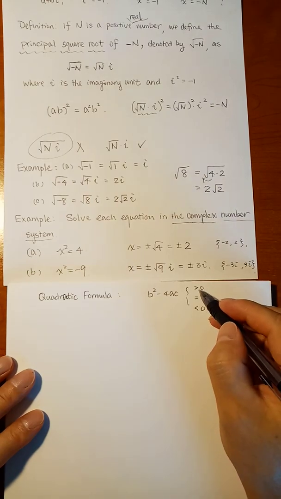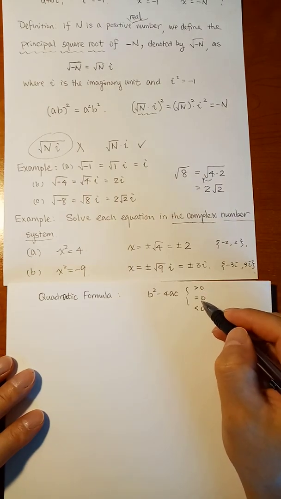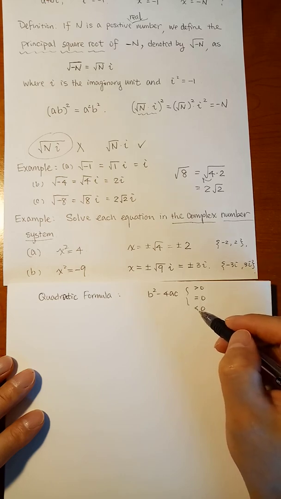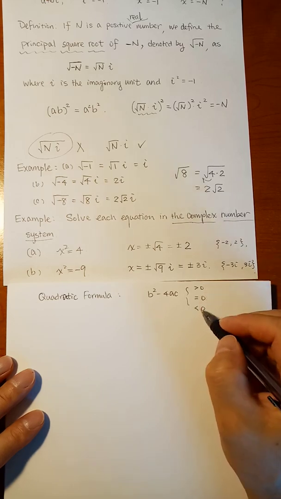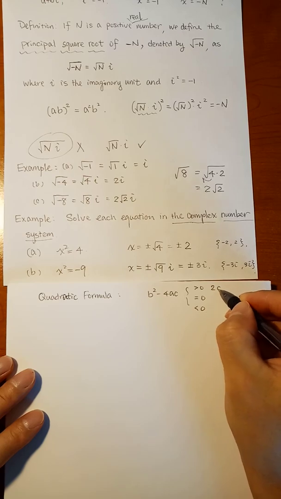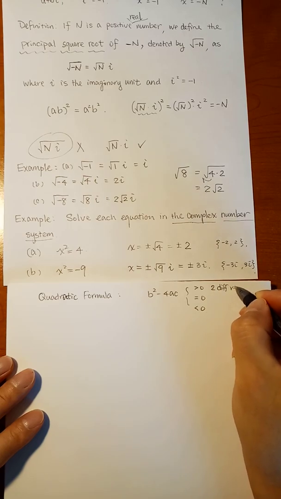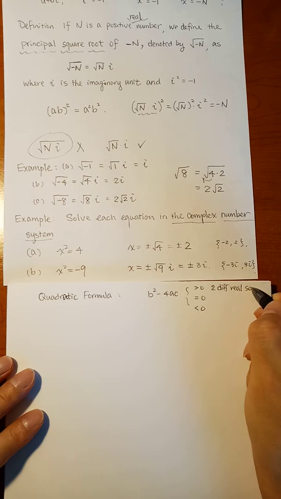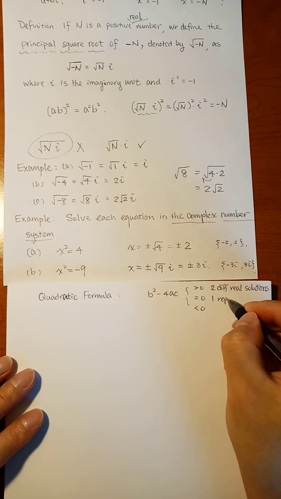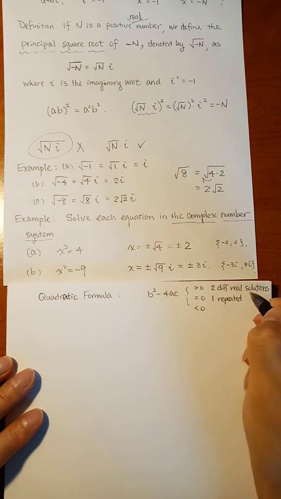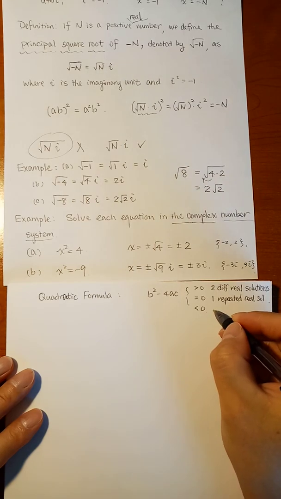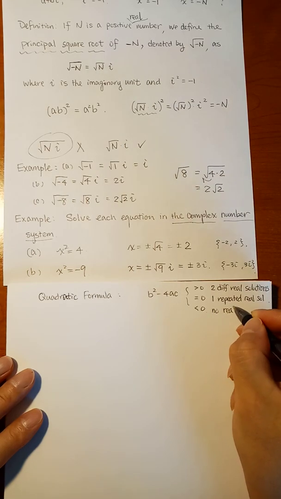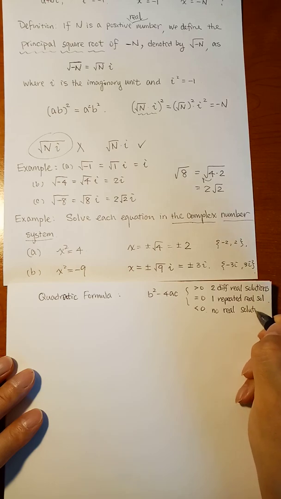Greater than 0, two different real solutions. Equal to 0, one repeated real solution. Less than 0, no real solution. We always emphasize that this is real.